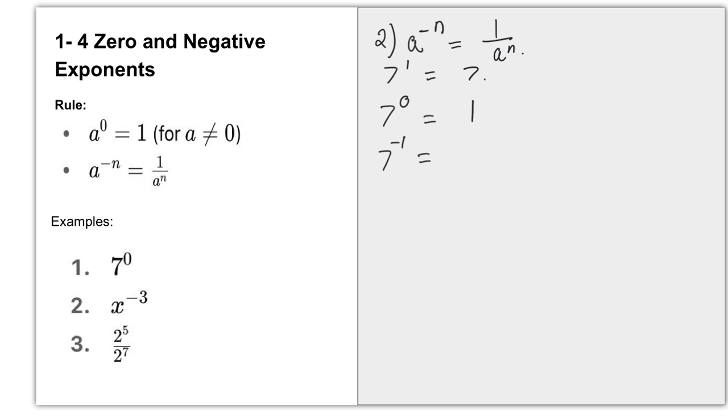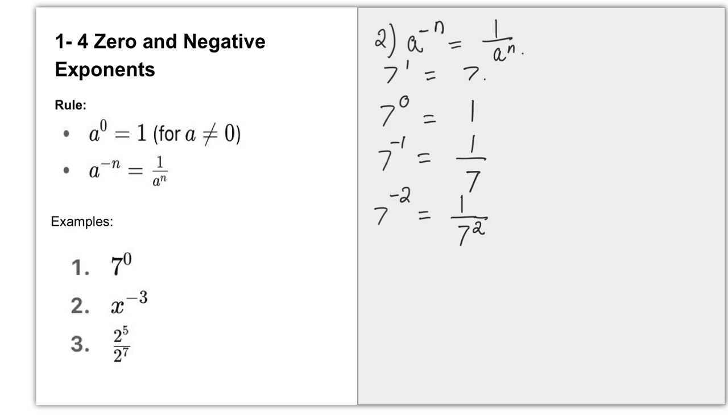So if 7 raised to the 0 power is 1, that means 7 raised to the negative 1 power will be 1 over 7. Okay? And then if we do 7 raised to the negative 2 power, it will be 1 over 7 to the second power. Okay, that's where it's coming from.